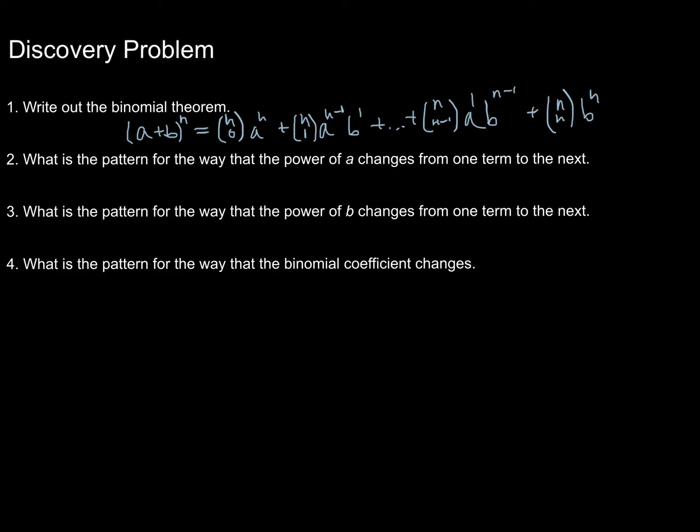So what we want to do is leverage this pattern in order to write our binomial theorem in a slightly more succinct way. And the way that we're going to do that is by taking advantage of the fact that each time we're computing one of these terms, we're only changing a couple of things by 1, right? So notice that we're changing the power of a by 1 each time. We're changing the power of b by 1 each time.